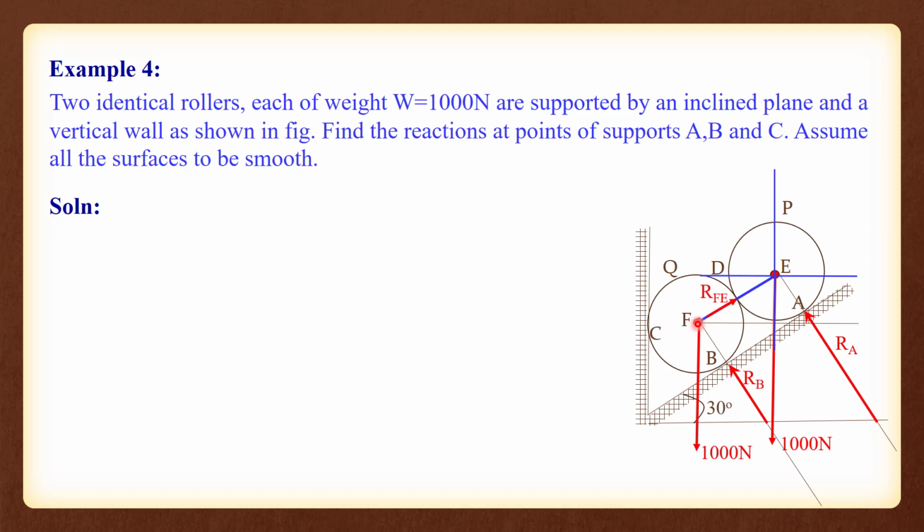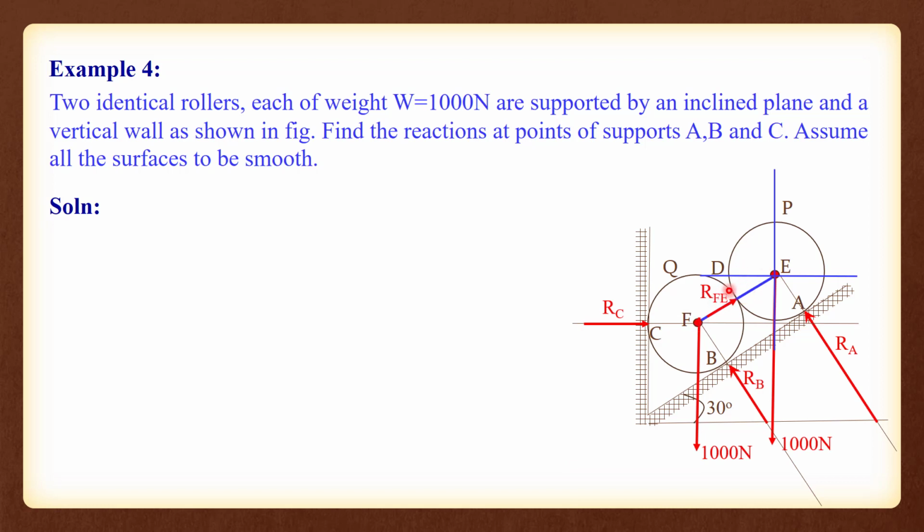Then the next one is contact C. Here there will be a reaction which will be perpendicular to this contact surface. So that will be acting in the horizontal direction, which is denoted by RC. When you draw the line of action, you can see that is also passing through the point F, right? Then we have this point, right?